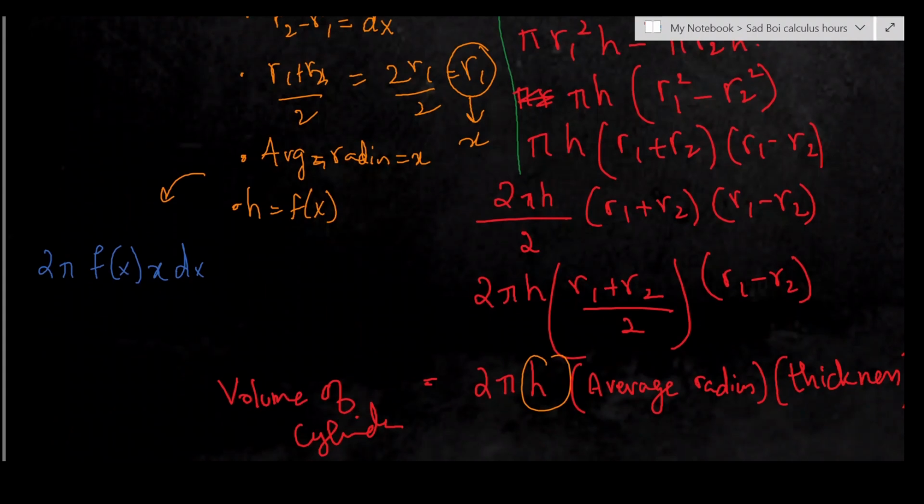Now to calculate the volumes generated by revolving the segments at every particular point x and then summing them all up, we're going to do this by integration from a to b. That is, it calculates the volume of each and every segment at the value of x that lies between a and b.